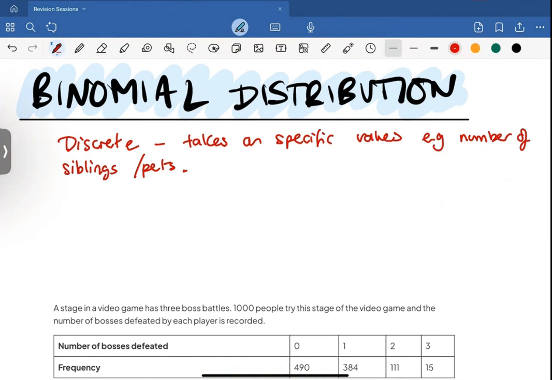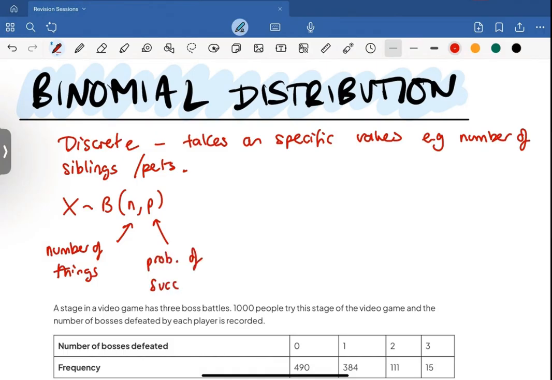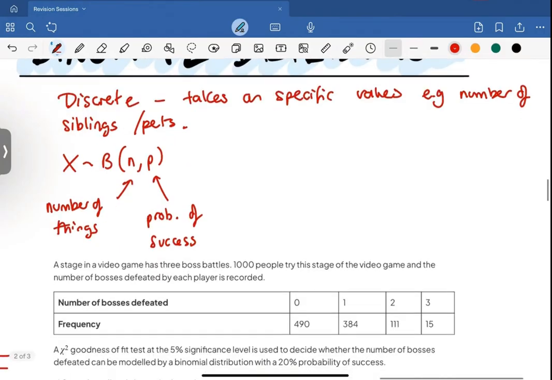And when we write binomial, we say binomial distributed, and it's n and p, where n is the number of things and p is the probability of success. Okay, so what have we got here?